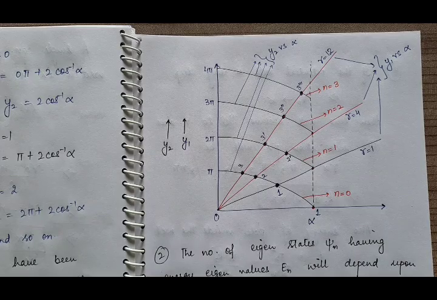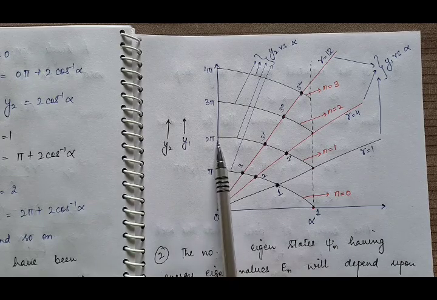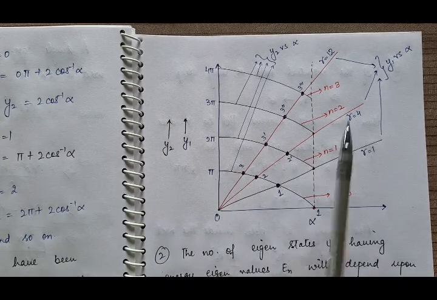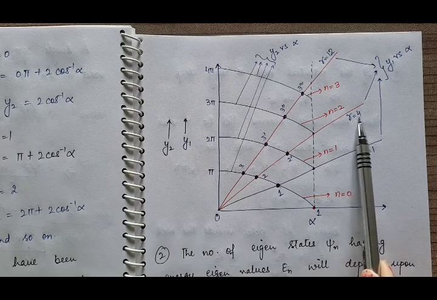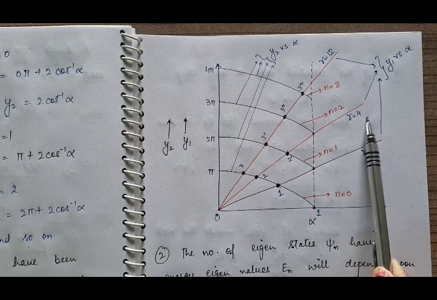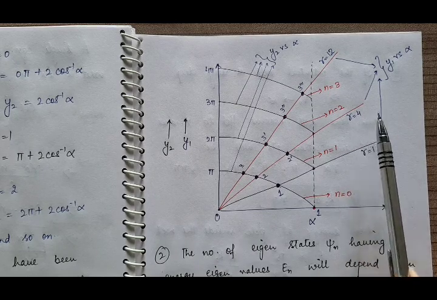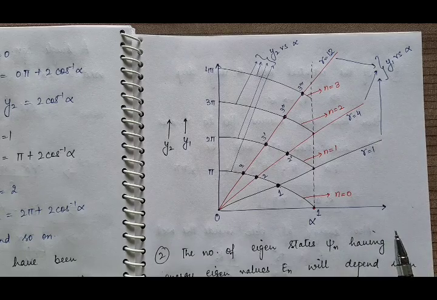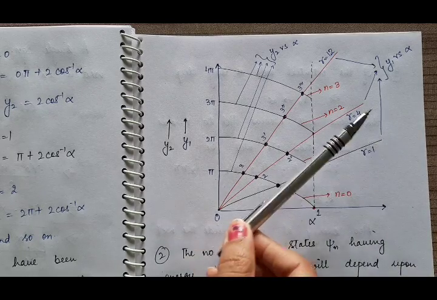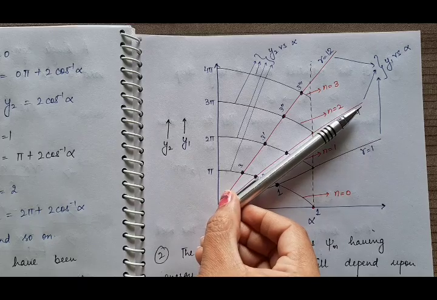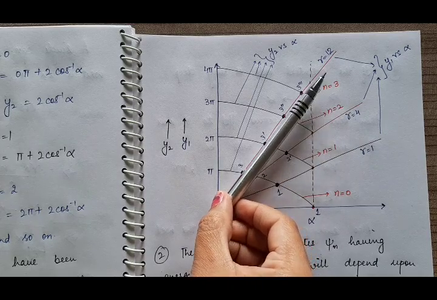So for the same n, suppose for this n, when you will increase gamma from gamma is equal to 4 to gamma is equal to 5, then to 6, then to 7, then it will move this y1 versus alpha plot to this side.